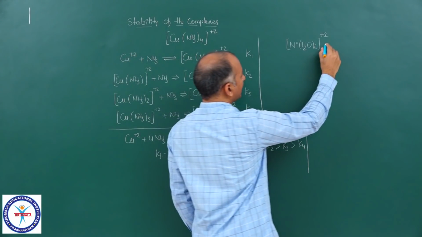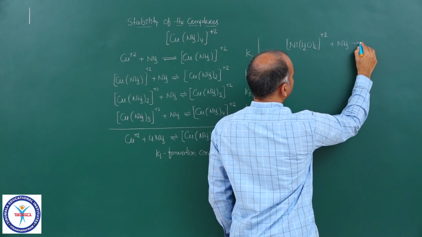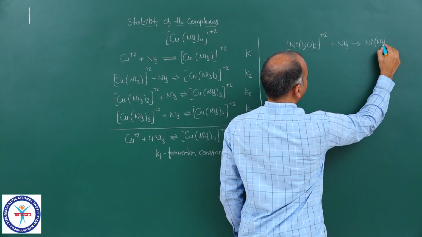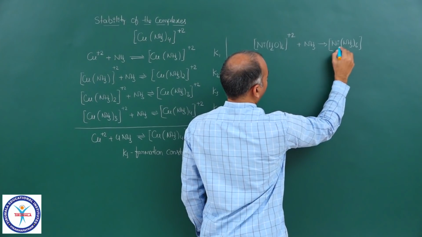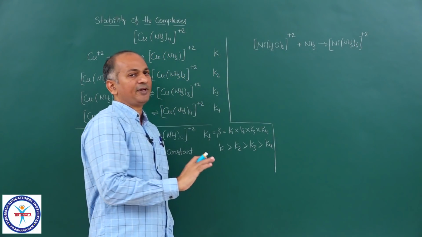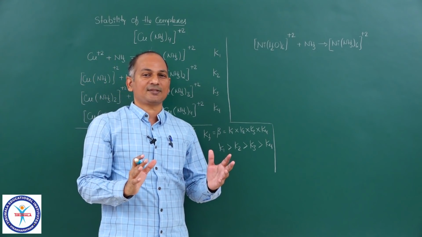Now when you treat this complex with ammonia, then this complex is converted into Ni, NH3 taken 6 times, plus 2. And this reaction is very favorable. So one complex is converted into another complex.